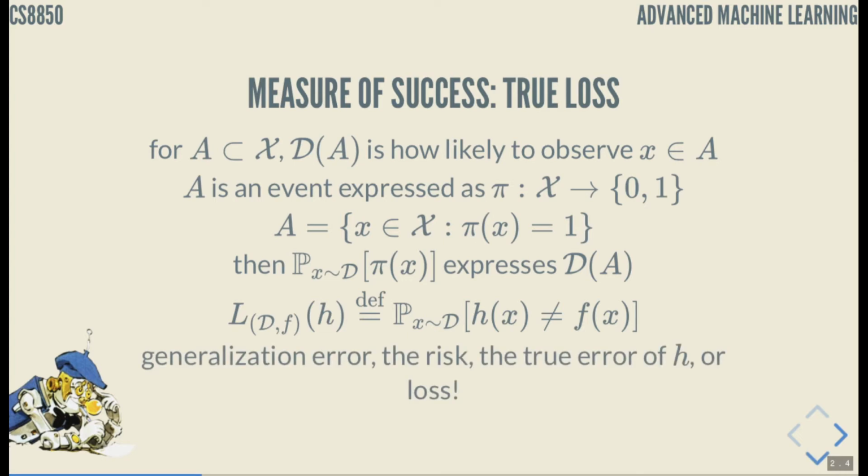This is also called generalization error, the risk, the true error of our hypothesis H, or simply loss. This loss of hypothesis H is with respect to the data distribution and the true labeling function. Okay, I hope we can move on because I am moving on.